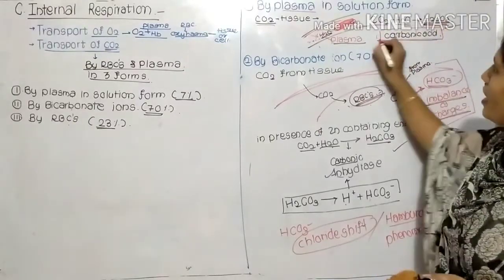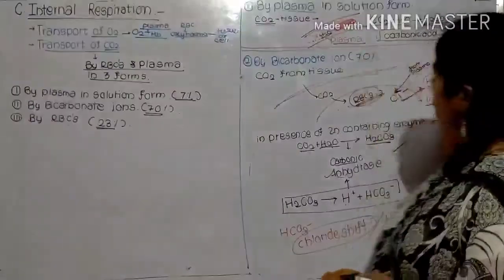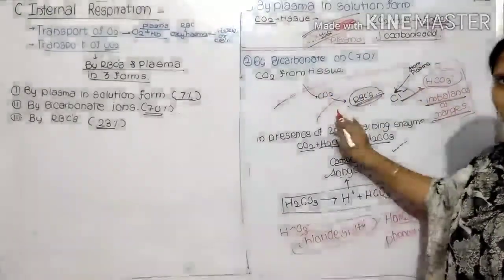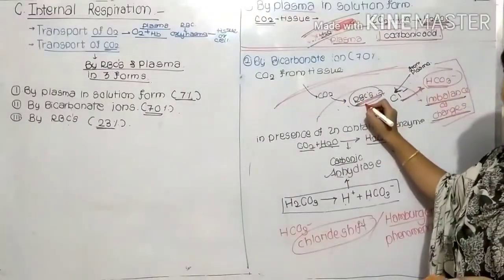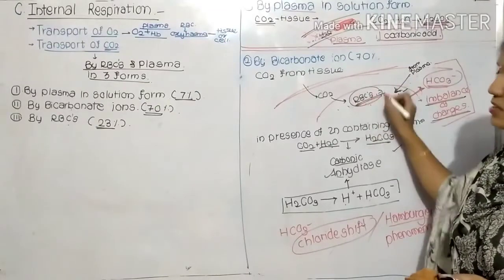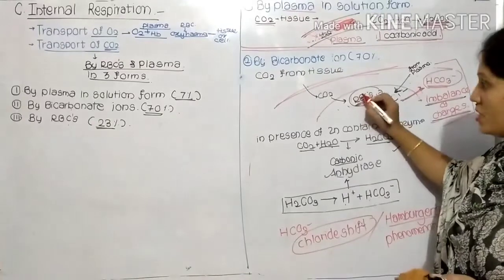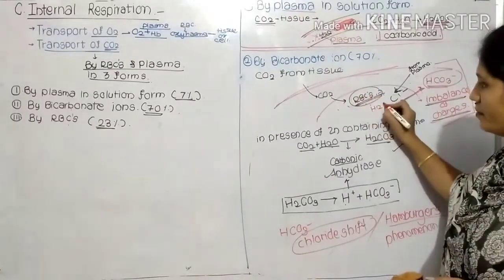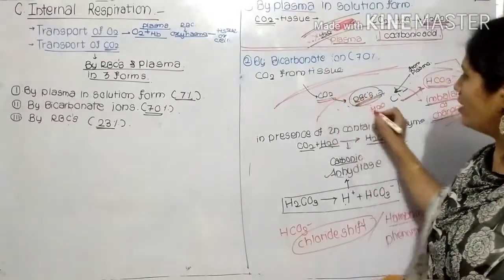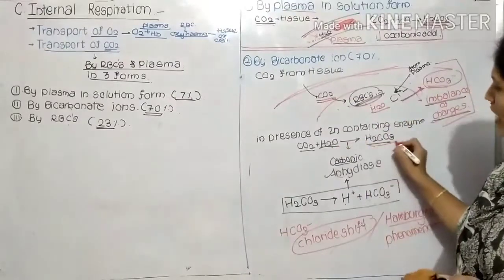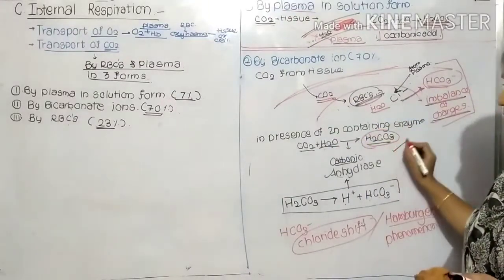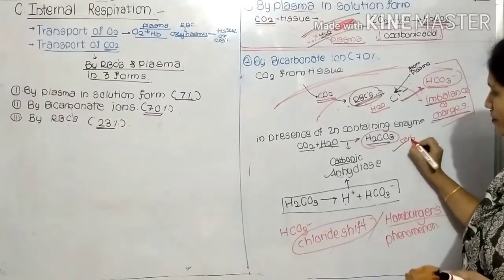At the same time, this carbon dioxide enters into the RBCs also, but the process is rapid in the RBCs. Whenever it enters into the RBCs, in the RBCs also water molecule is present. So this carbon dioxide combines with the water molecule and forms the same thing, that is known as carbonic acid.